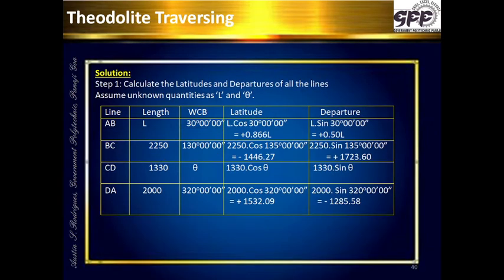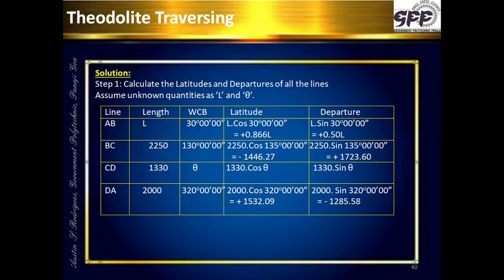The first step, as usual, calculate the latitudes and departures of all the lines. Whatever is unknown, for the length assume a variable, say L, and for the angle assume another variable, theta. So the length of AB is assumed as L and the angle for the line CD is assumed as theta.